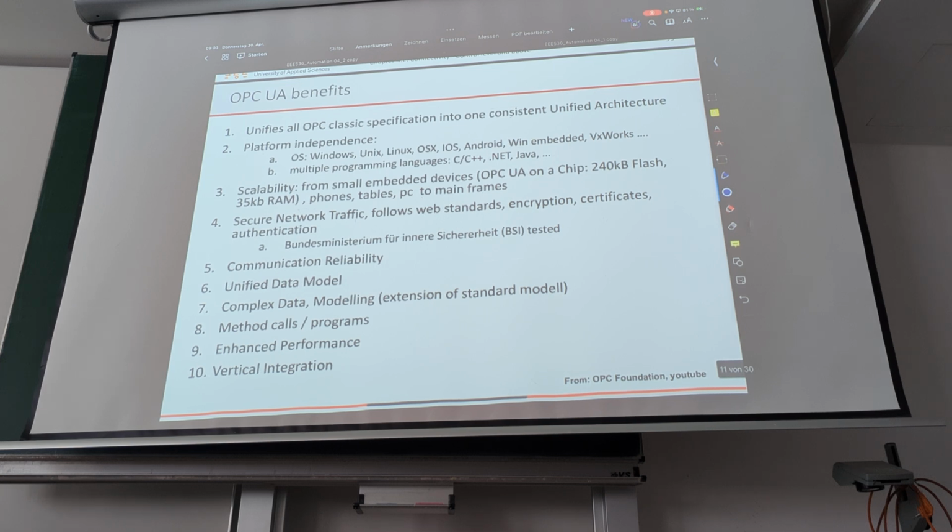The performance is also quite good by now. Like in the oil and gas industry, we had about 300 to 400,000 data points, and they were exchanged in 10 millisecond cycle time between the servers, and that actually went quite well.